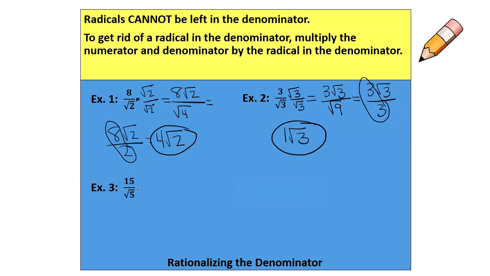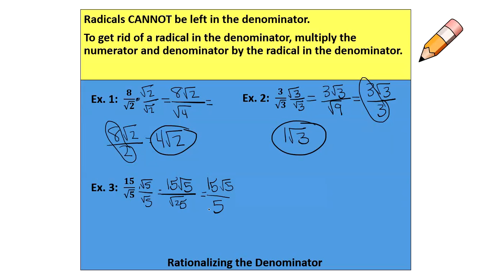So, multiply by square root of 5. Gotta get rid of that square root of 5 down there. Now, if you notice, guys, we've been getting 2, 3, when it was underneath the radical. Let's see if that happens here. So I'll get 15 square roots of 5 over square root of 25. We're going to get a 5 down there.